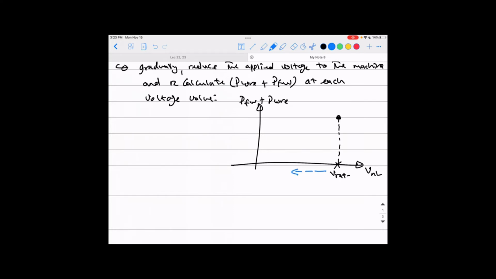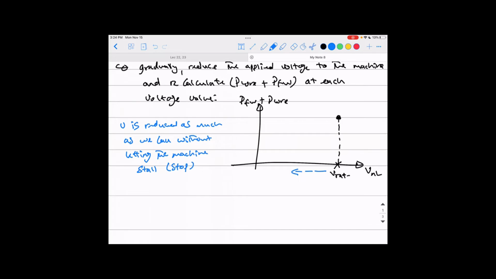The voltage is reduced as much as we can without letting the machine stop, okay?